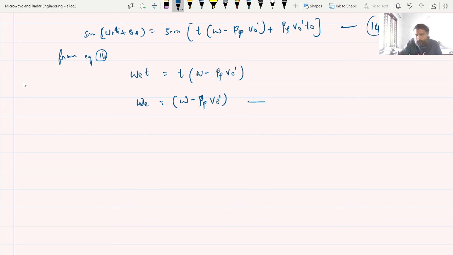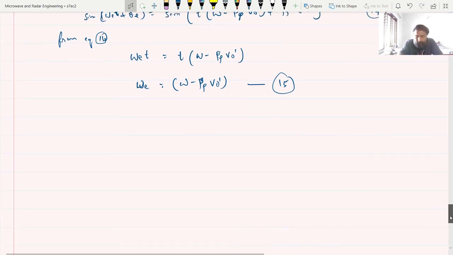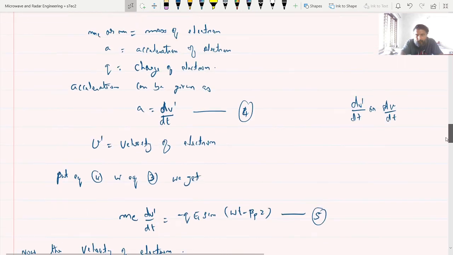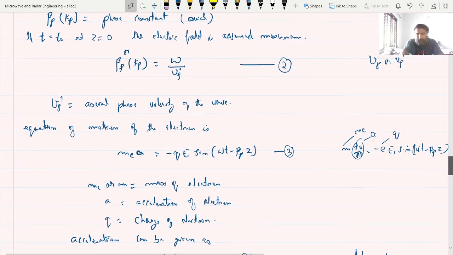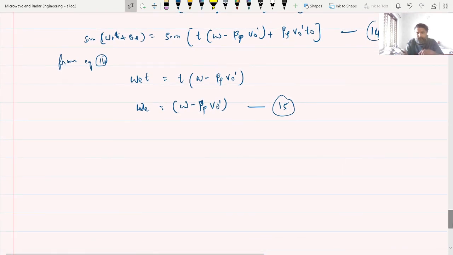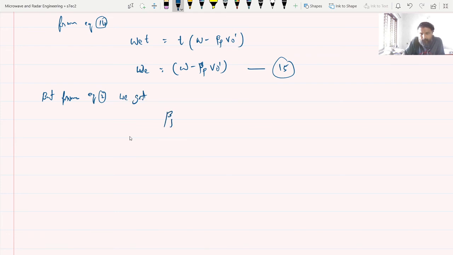Call it as equation 15. But from equation 2, beta_p, that is the phase constant, is omega by Vp dash.